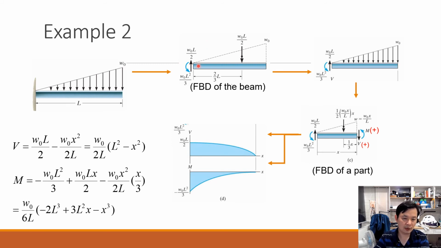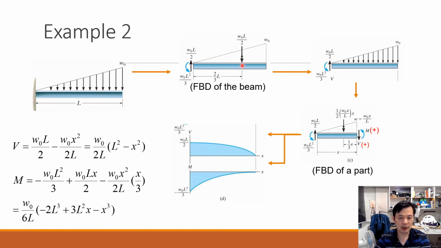The horizontal force is 0, so we just neglect that part. Otherwise, we should have 3 for a fixed wall or fixed boundary condition. Okay. Next one, the resultant force of the distributed load is located here. 2 over 3 times L is the location of the resultant force.